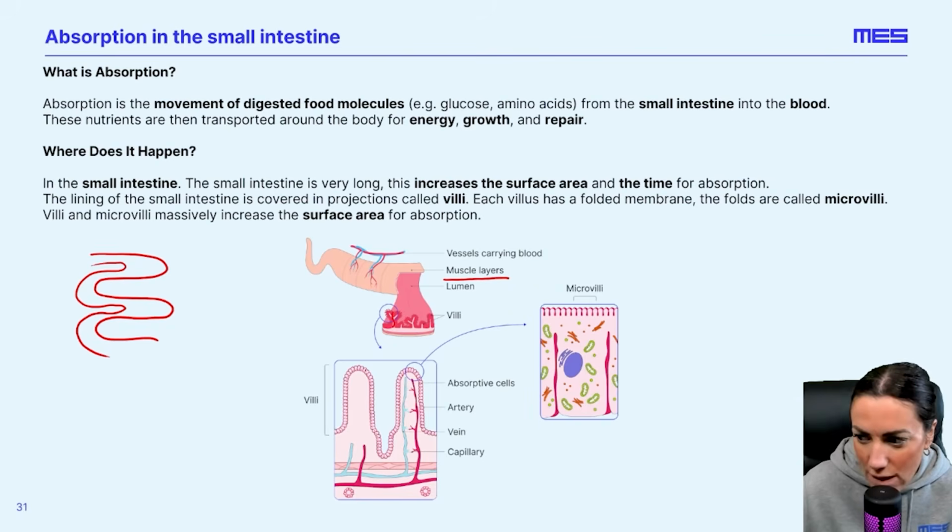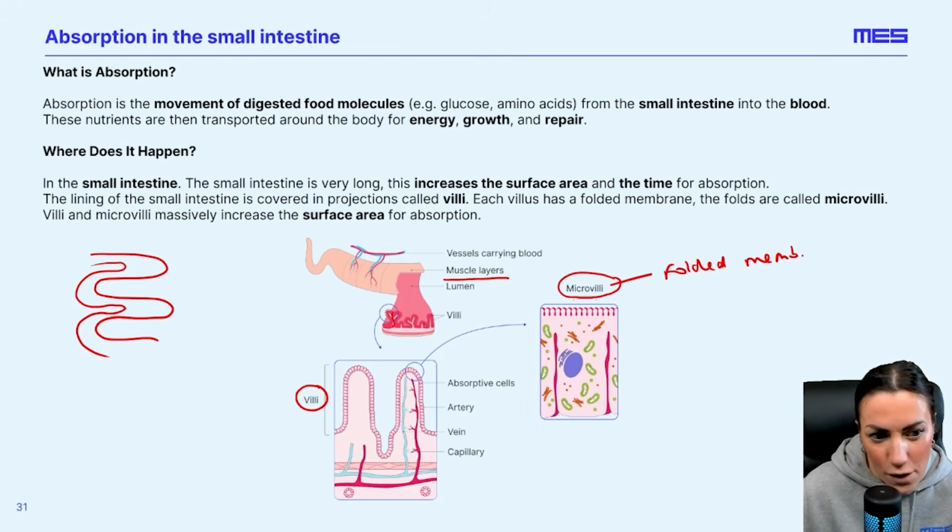It's folded, and the big folds are called villi. But on the villi, if you look at the outer layer of cells, which we could call the epithelial cells, the surface cells, on those cells, the membrane is folded.